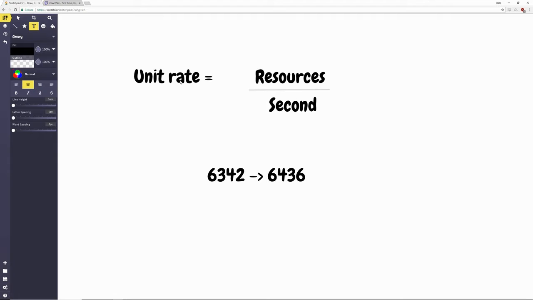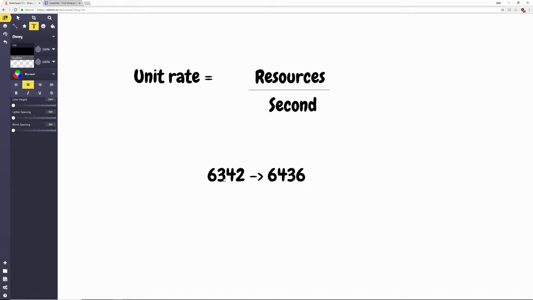For our example, remember, unit rate is, most of the time, dealing with time, which is why I have seconds down here, but it can also be something per pound or something per milliliter or something per some other measurement. But in our example, we're going to be calculating the resources that are increased per second.